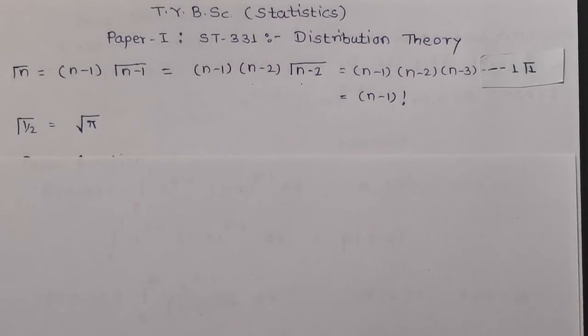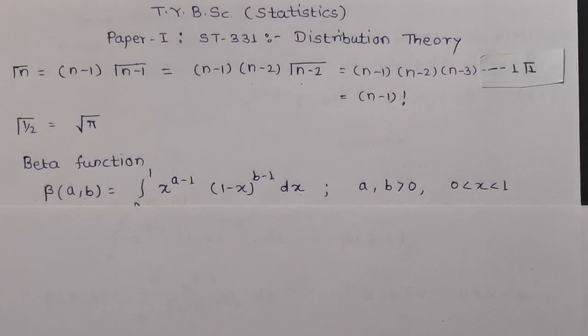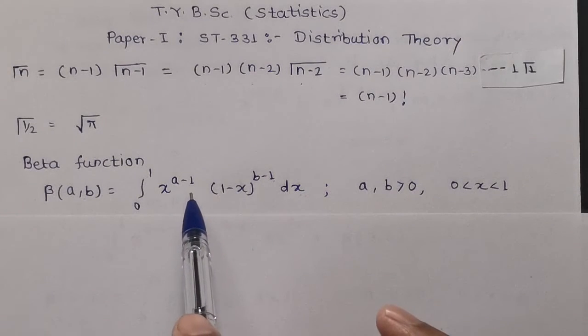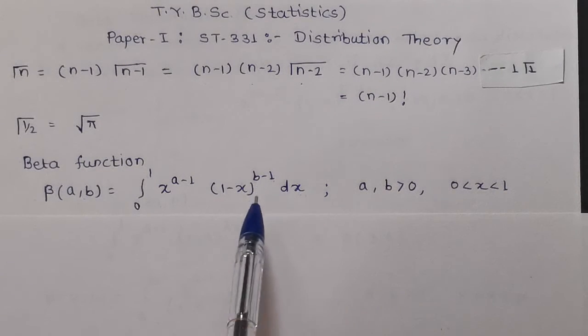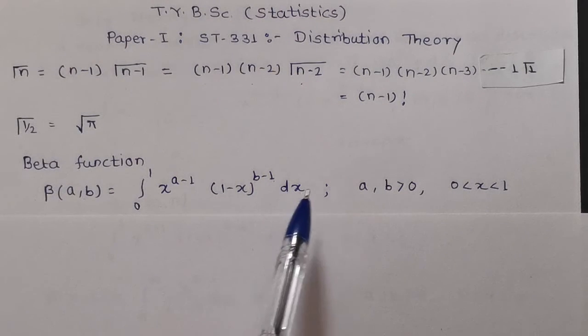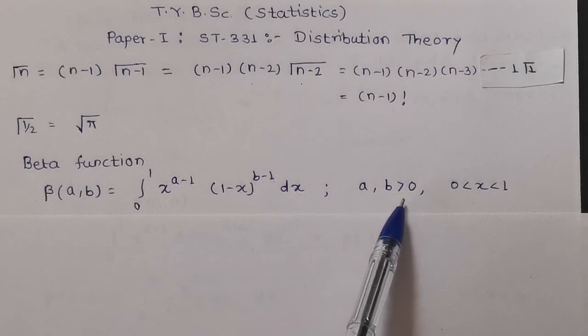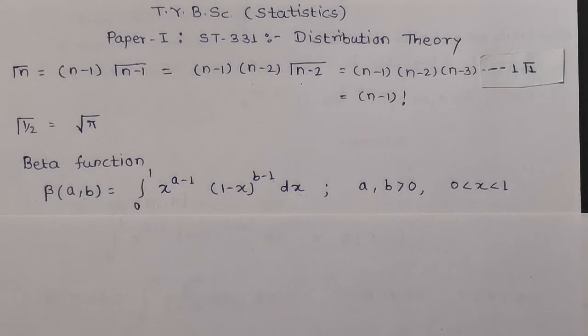Friends, in this lecture, we will focus on the beta function. There are two types of beta function. Out of this, one is beta(a,b) equal to integration over 0 to 1 of x raised to a minus 1 into 1 minus x raised to b minus 1 dx, where a and b are positive and x lies between 0 and 1.